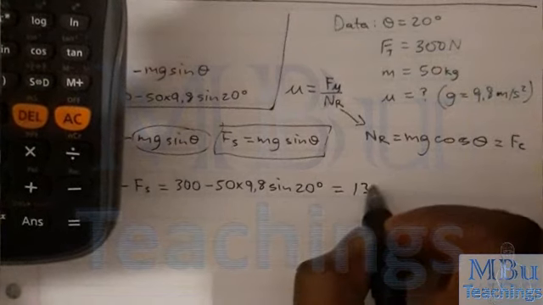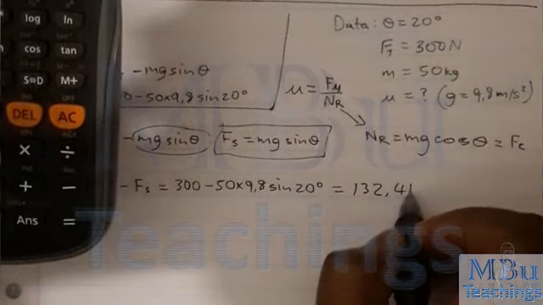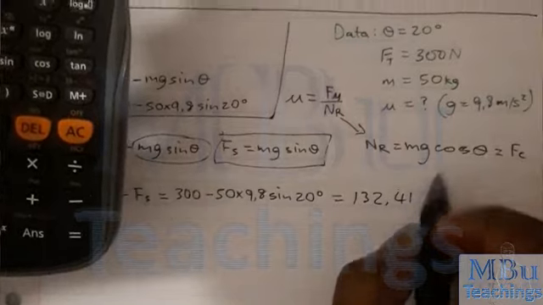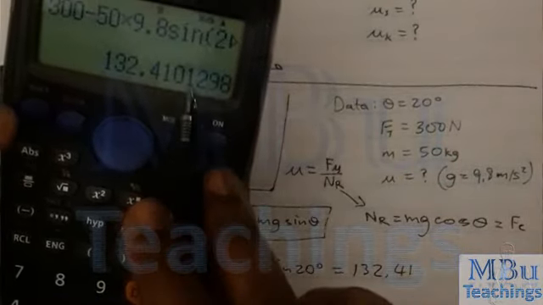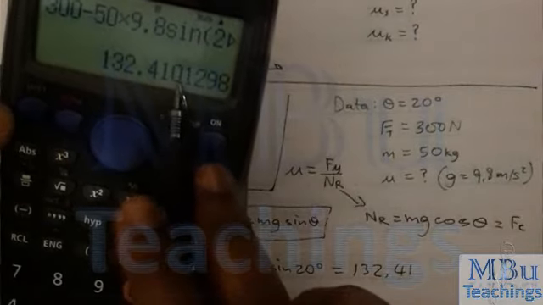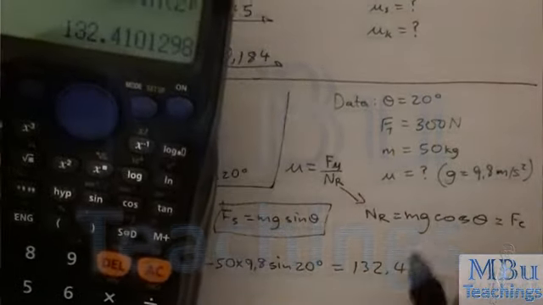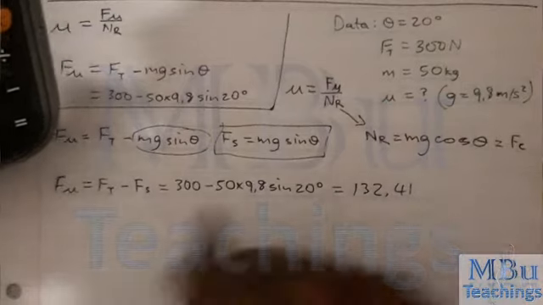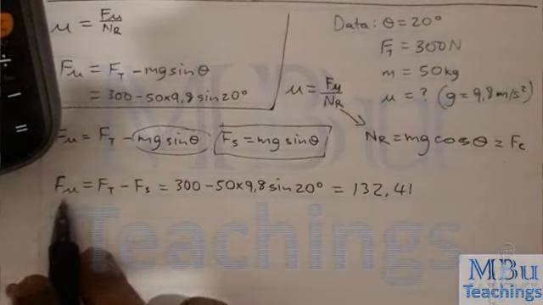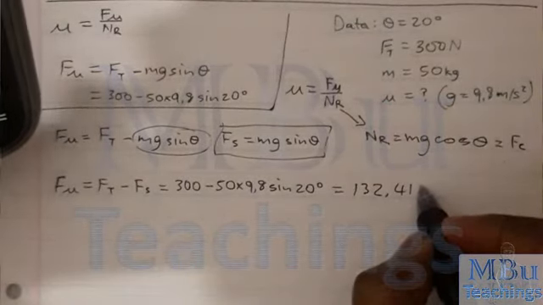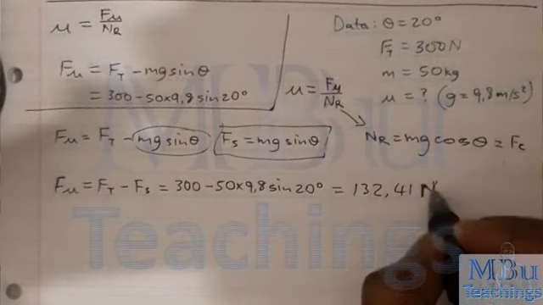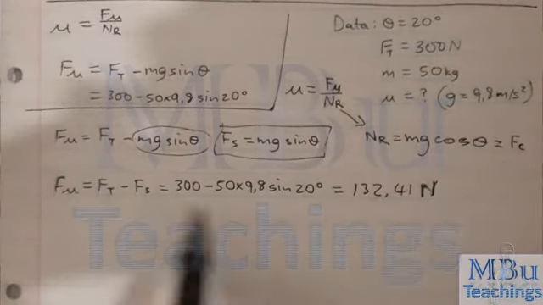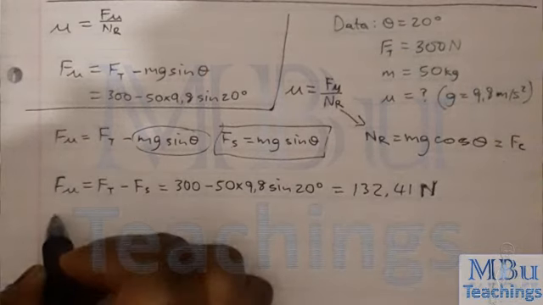That will be 132,410. We can skip the 0 since it's the third decimal, because after 0 it's 1 and 1 cannot work here. We know that this is measured in Newton because it's a force. Then now we need N_R.